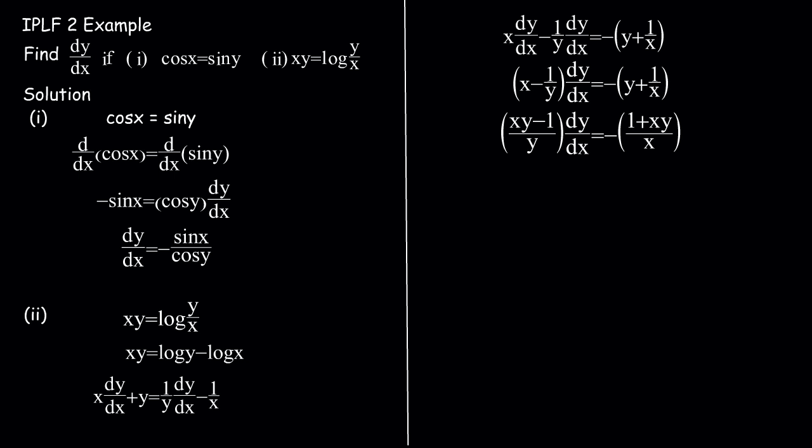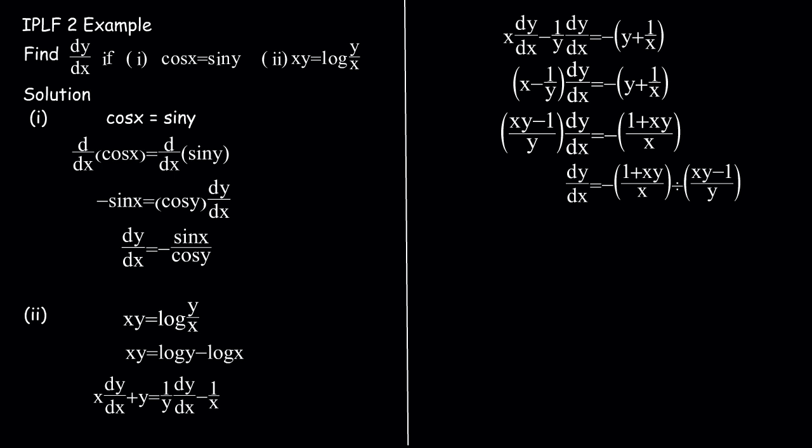Now dividing both sides by sy minus 1 divided by y to make dy/ds stand alone, dy/ds will be equal to minus, in bracket, 1 plus sy divided by s, divided by sy minus 1 divided by y.